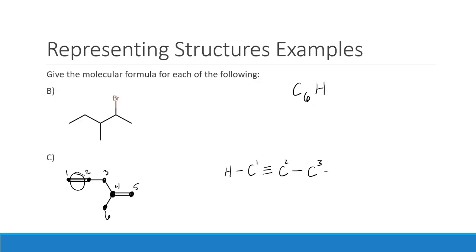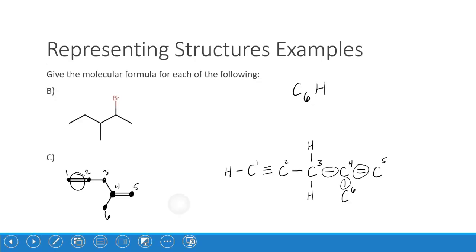So it has a total of 4 already and does not need any hydrogens. Now from carbon number 3, looking at carbon number 3 on either side, we have 2 bonds, one on either side, meaning that we need 2 hydrogens, one on top and one on bottom. Carbon number 4 has a bond to carbon number 3, a double bond to carbon number 5, and it has a single bond to carbon number 6 underneath. So it already has 4 bonds.